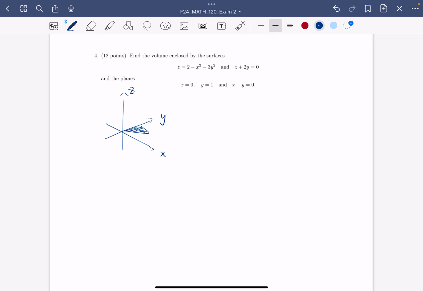And then for the surface, it's some sort of paraboloid facing downward. So it's like this sort of, and you have, so it's the same paraboloid. So sort of like this.